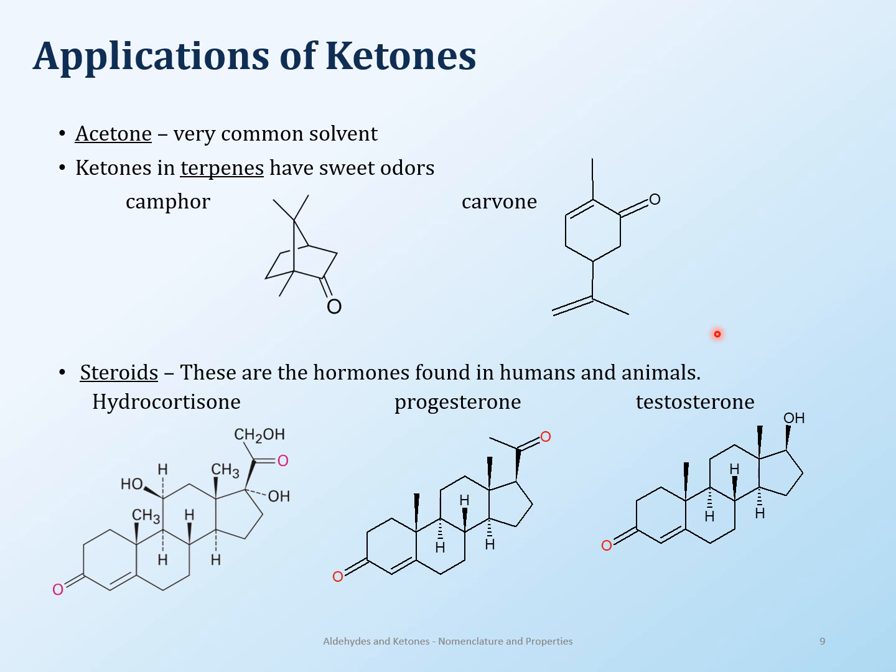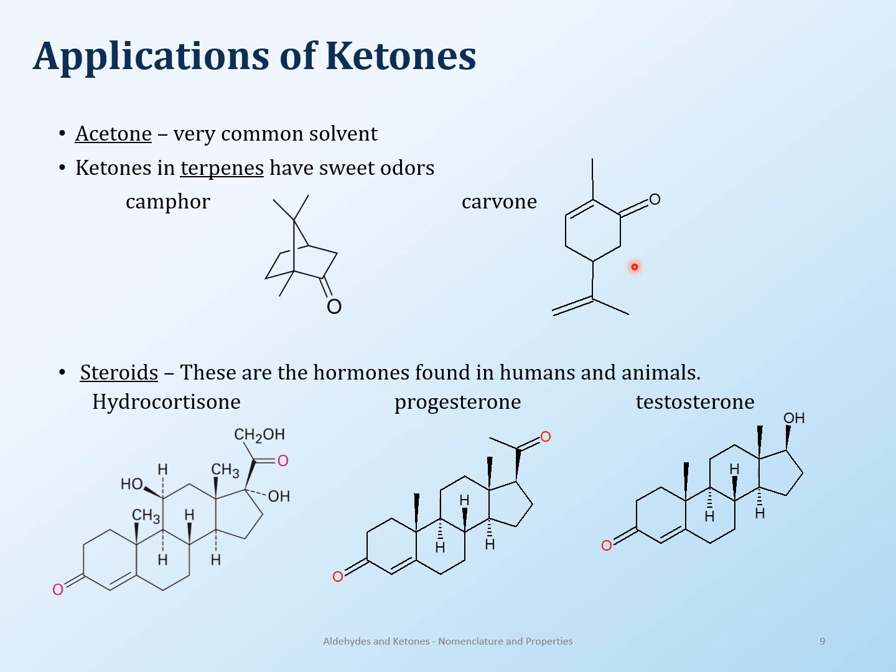And then ketones also are extremely common in our lives. Acetone, of course, in the lab, we cannot live without acetone as a solvent. There are also a lot of terpenes. Terpenes are a class of compounds which are 5 carbons in length. 1, 2, 3, 4, 5, and this one is made up of about 10 carbons, so there are 2 terpene groups in here, or I should say 2 isoprene groups.